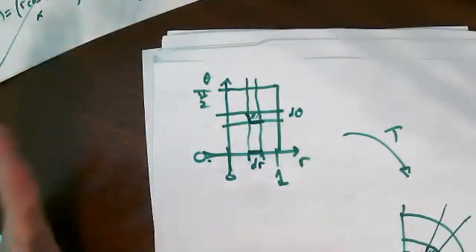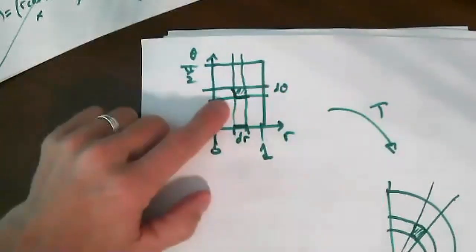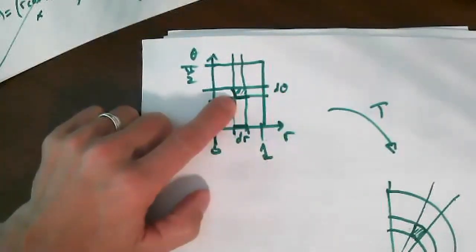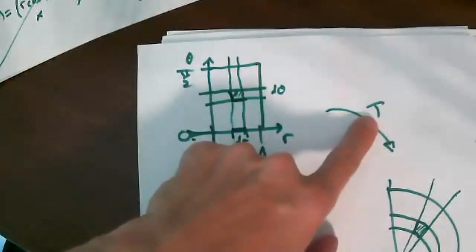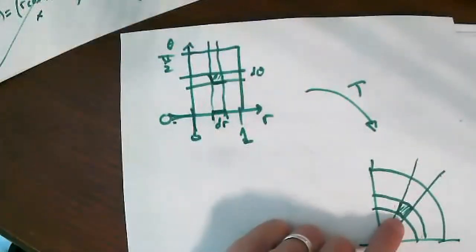Unfortunately, you know that this transformation T is not preserving area. When you have a little section of this picture and then apply the transformation to all the points within it, you're going to get another piece over here that does not have the same area.